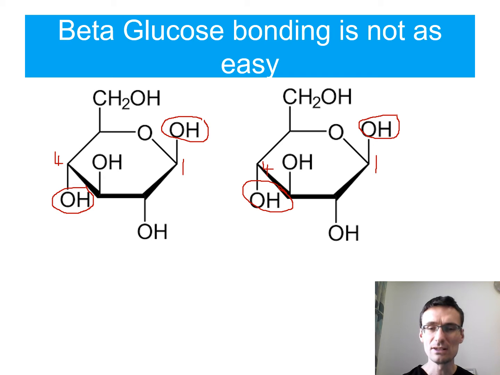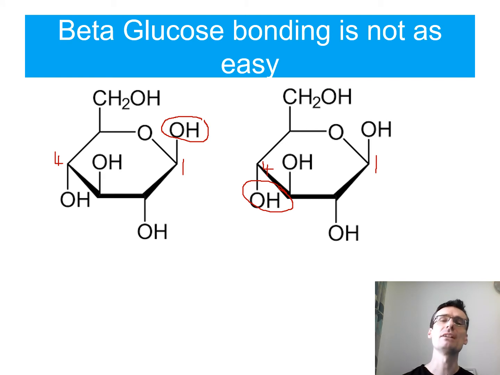It also is too far, or the enzymes don't have the correct shape to link up OH there with OH there. So that can't happen either. So somehow we've got to try and get these two OHs together in order to allow us to have a 1,4 glycosidic bond. So how do we do this?